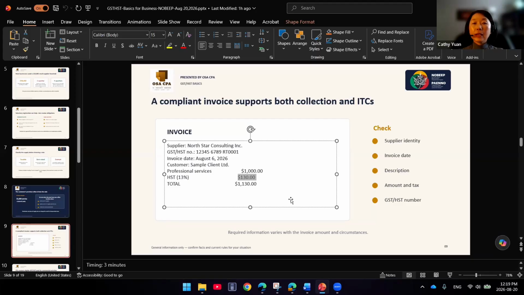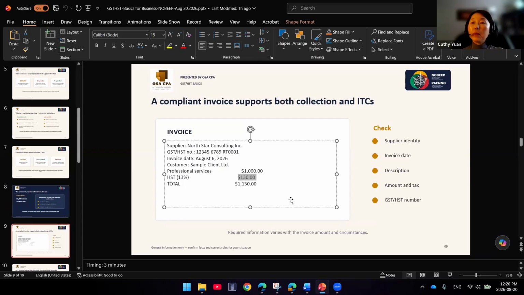So that is the reason I always recommend that my clients voluntarily register a GST/HST account. At the beginning, maybe 1, 2, or 3 years, it's not easy for a business to get big sales or revenue, but in order to get revenue, the business has to spend a lot on beginning operations.